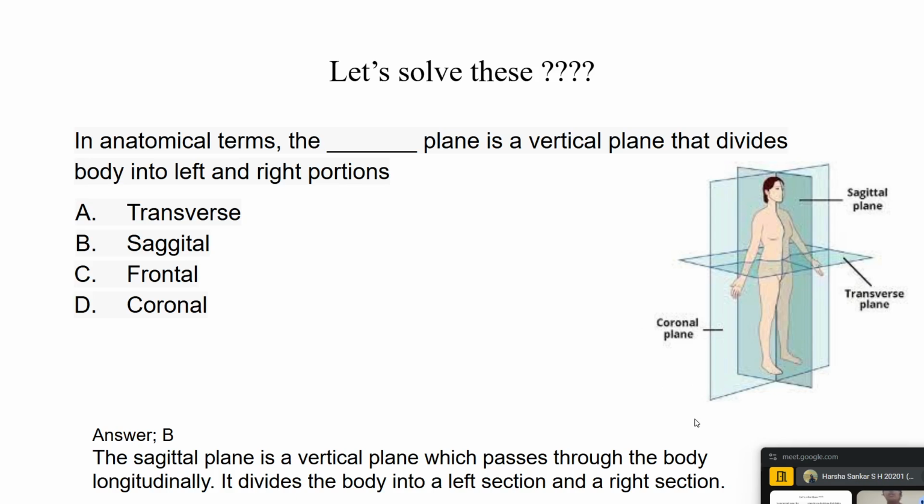It's cutting transversely. For example, if it cuts like this, the upper body is separated from the lower body. That plane is known as the transverse plane. The coronal plane cuts like this, and the sagittal plane cuts into equal right and left halves.